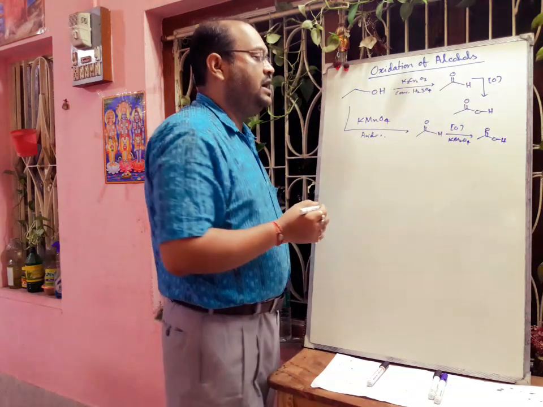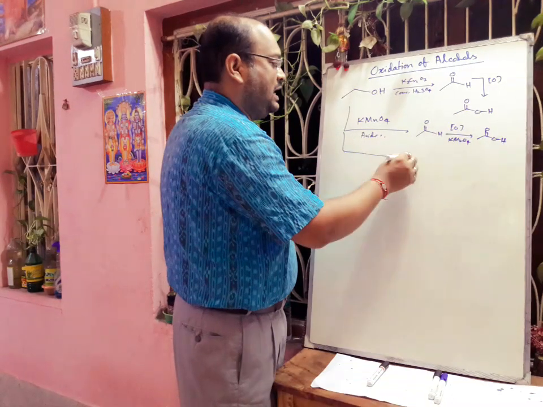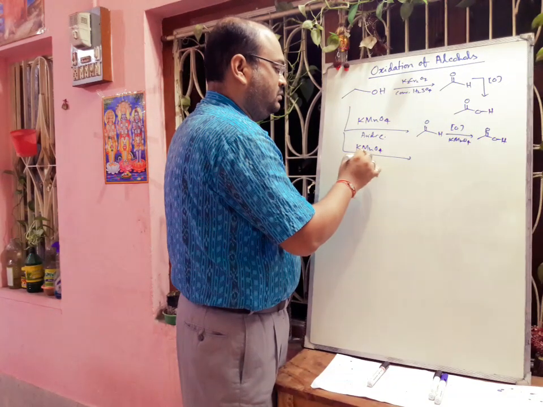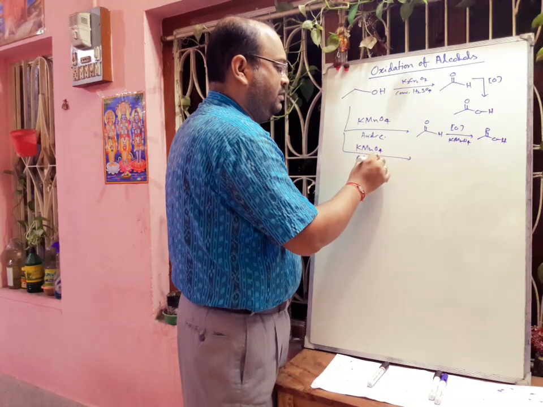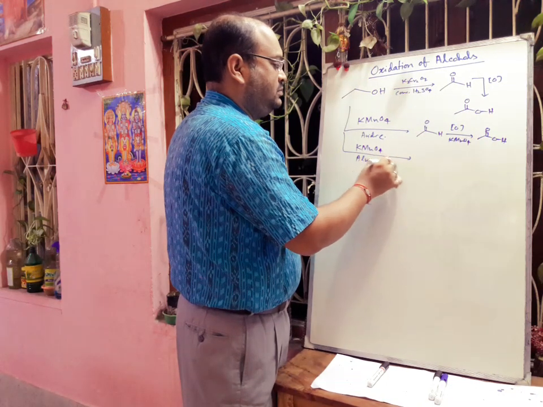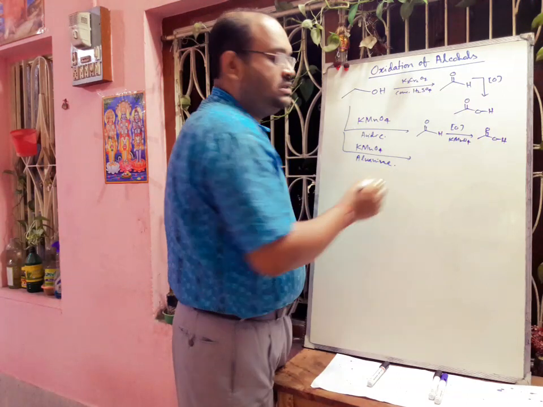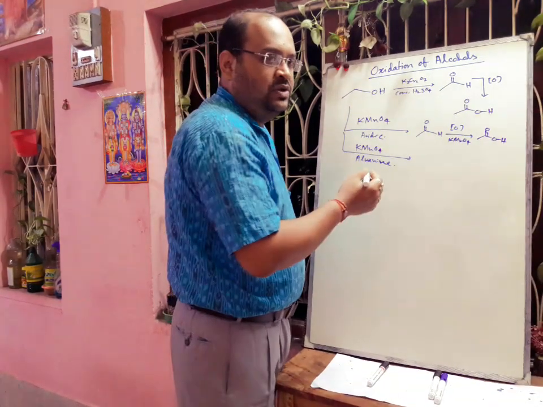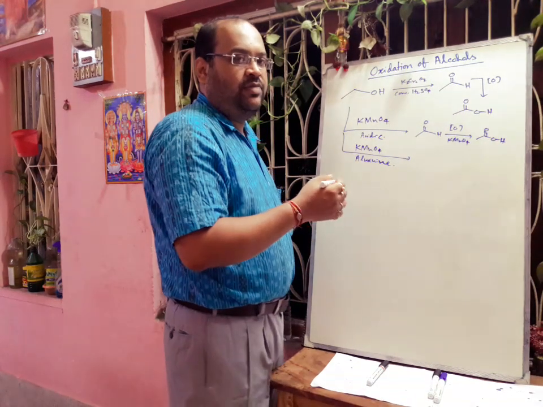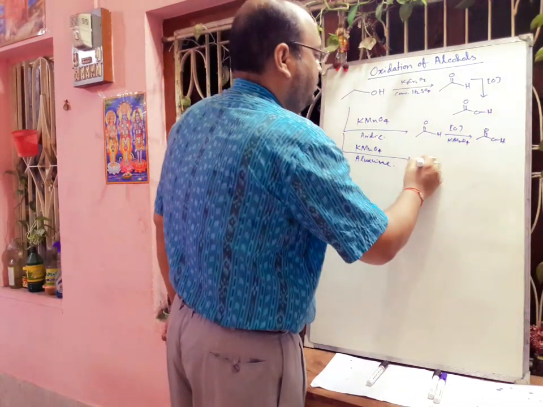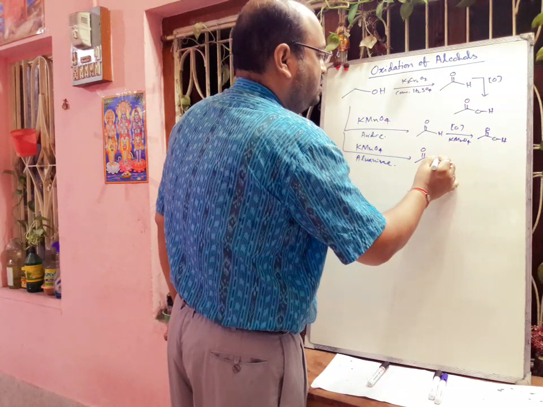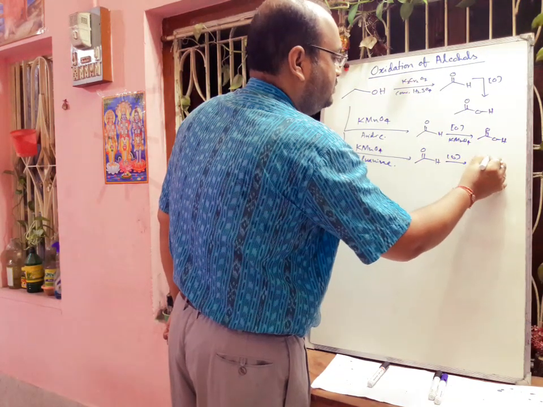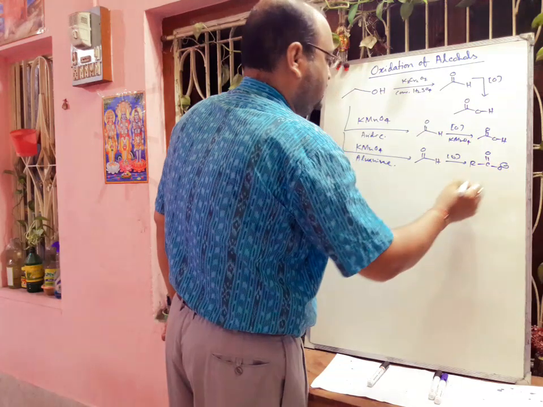Now if we use KMnO4 in alkaline condition, alkaline KMnO4, then first it will produce the corresponding aldehyde, or we can think that it will produce the corresponding acid salt, O minus.